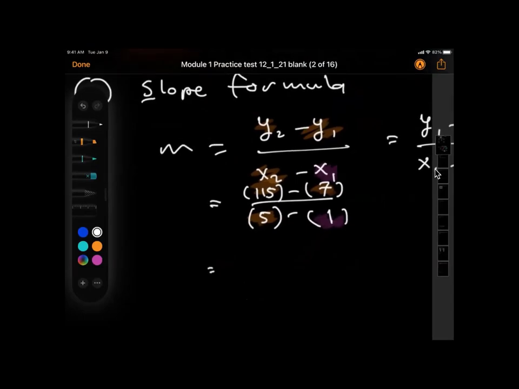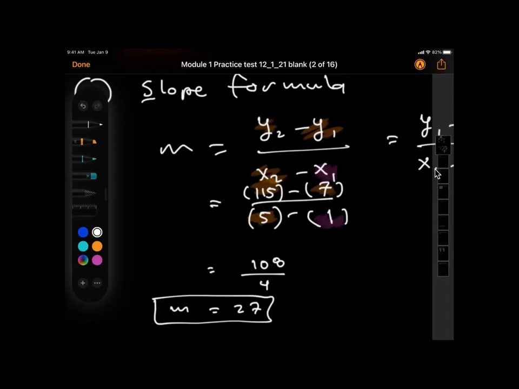And then I just evaluate this. So I get 115 minus 7, which will be 108 over 4. 4 goes into 10 twice, and then 4 goes into 28 7 times. So my slope is 27. I'm going to double box this to show you that's my final answer.